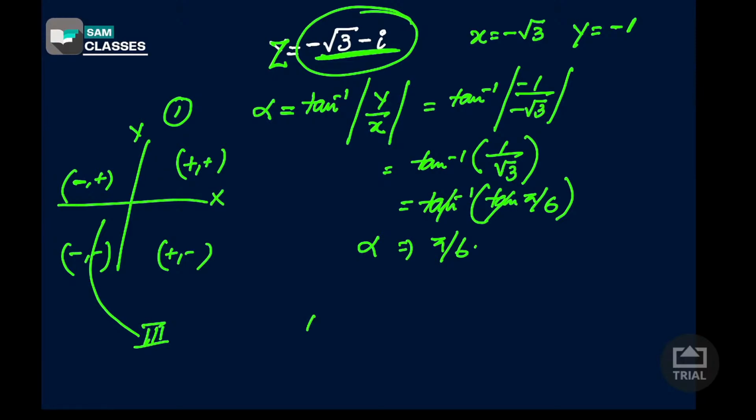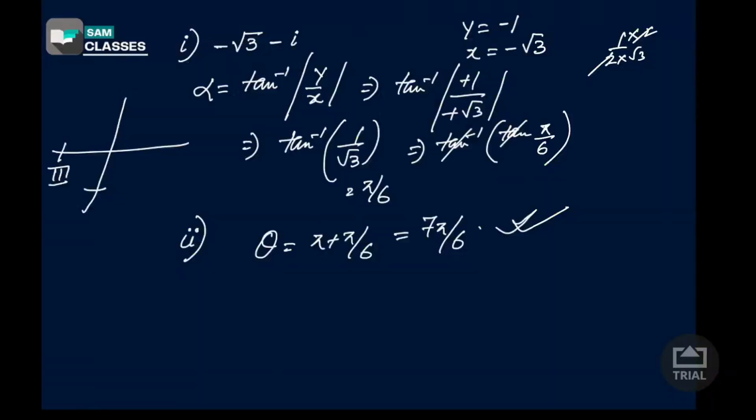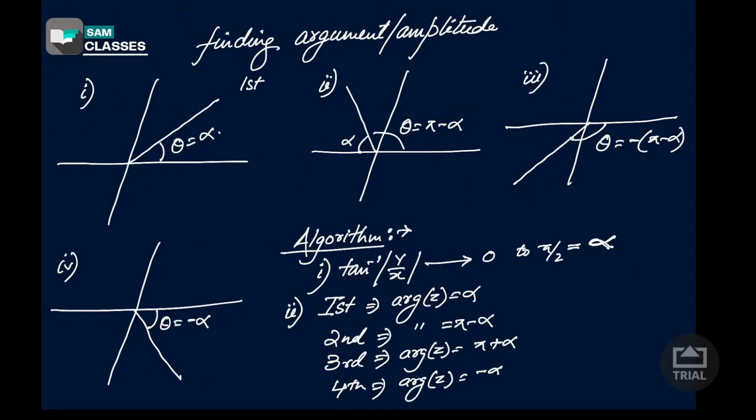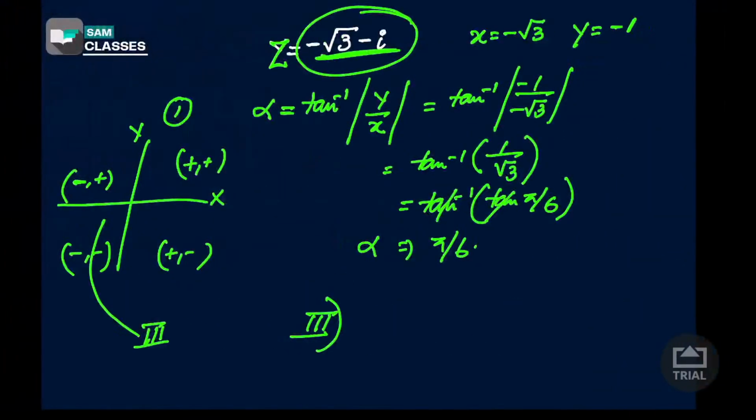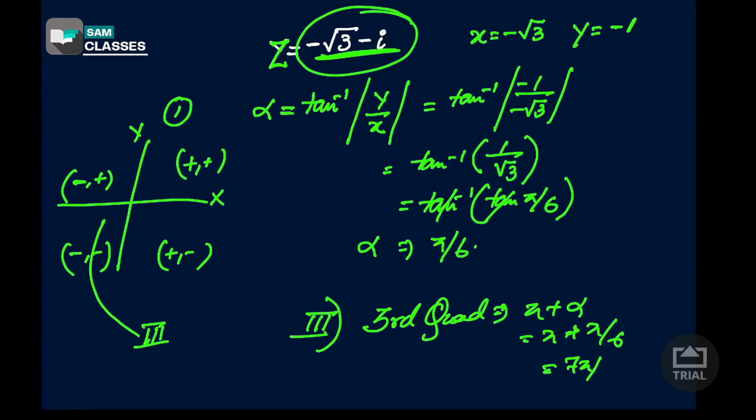The formula in the third quadrant is pi plus alpha, where alpha is pi by 6. So the answer will be 7 pi by 6. Clear everyone? Check it now, Soham. Are you able to get it now?